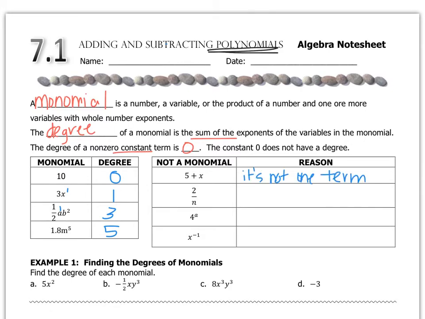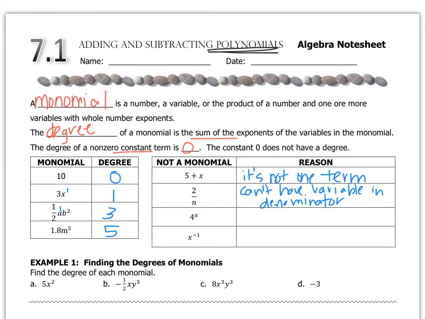Another thing that would disqualify something, even though this next one looks like it's one term, is a variable in the denominator of a fraction. The variable can't be in the denominator.